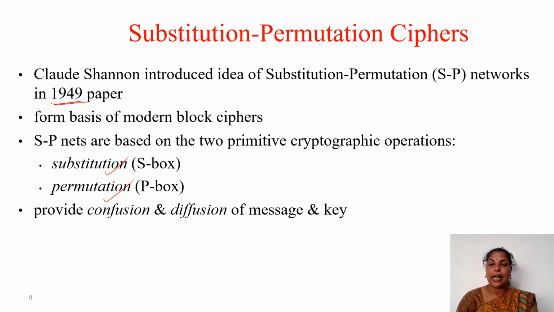Later on in the coming algorithms, we will be calling them S box and P box. You have to know S box means substitution box and P box means permutation box. And why are we having this hybridization? We need to provide more confusion and diffusion.